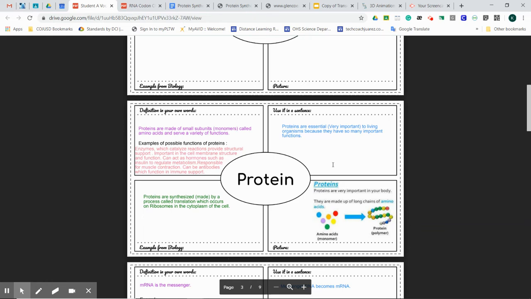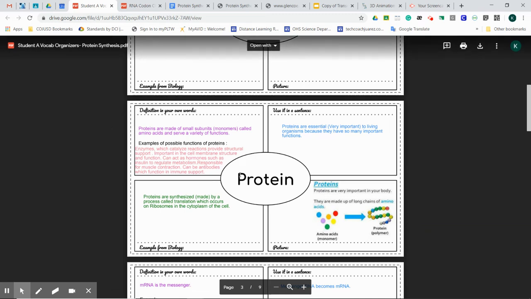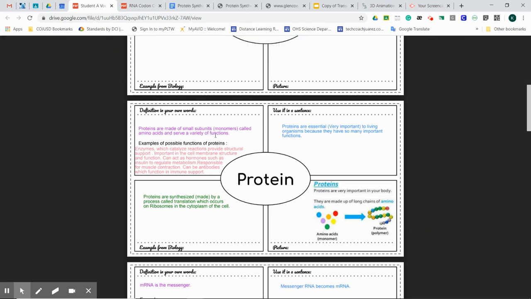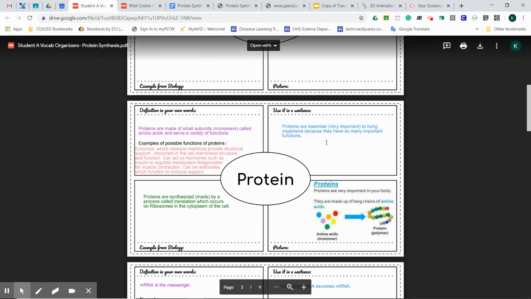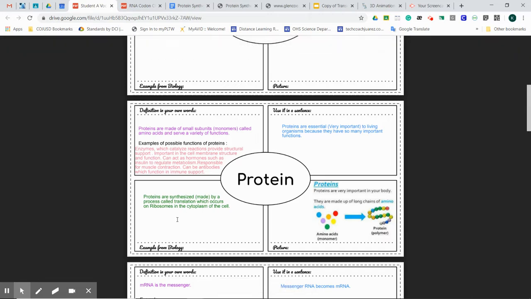So for example, and this is a student sample here, protein. Remember I had you define it in your own words, use the term in a sentence, and then I asked you to pull an example from biology specifically. Then we went a step further and embedded a visual.